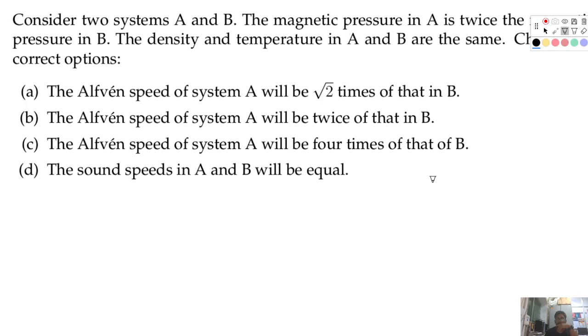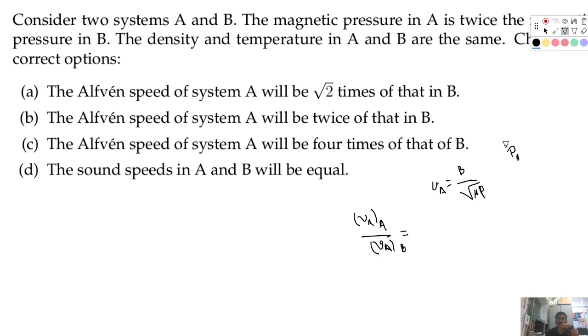So you have the Alfvén speed, V_A, which depends upon B by root over mu rho, right? So you have V_A for A, let's say, and V_A for B. Now you have magnetic pressure, so let's say P_B for pressure.